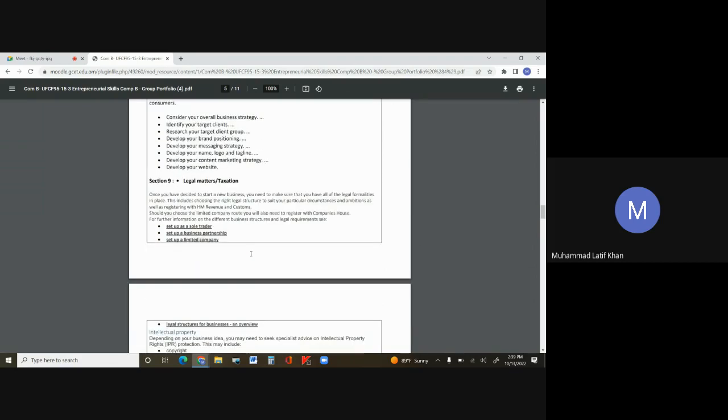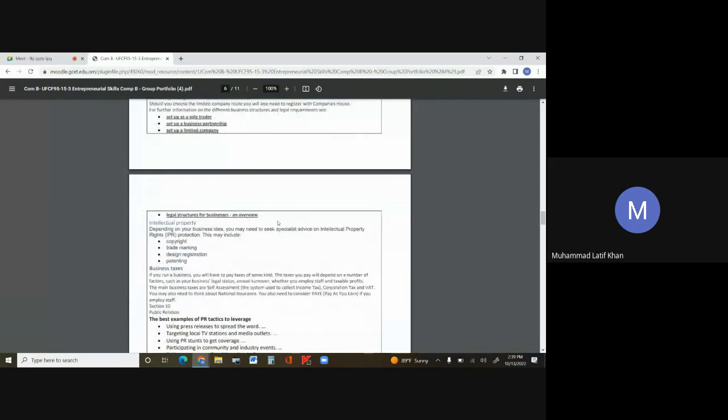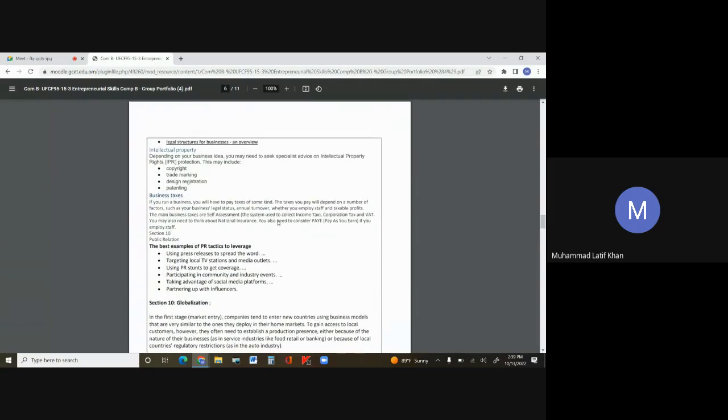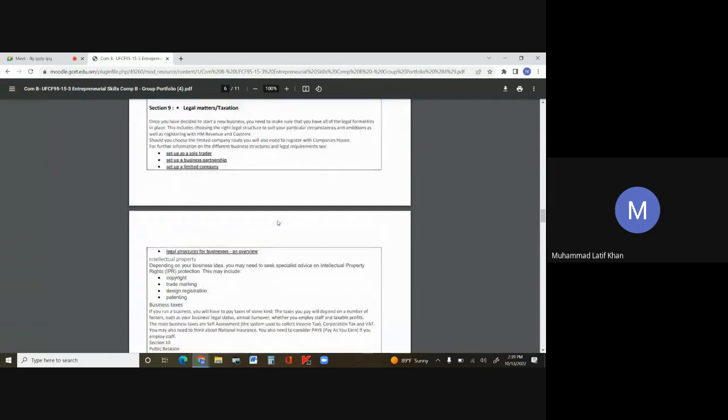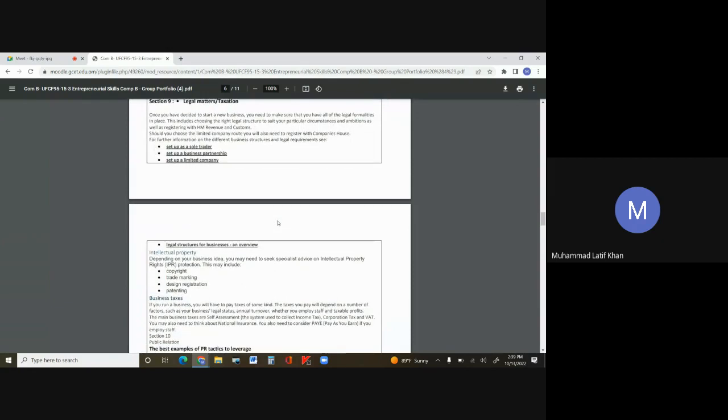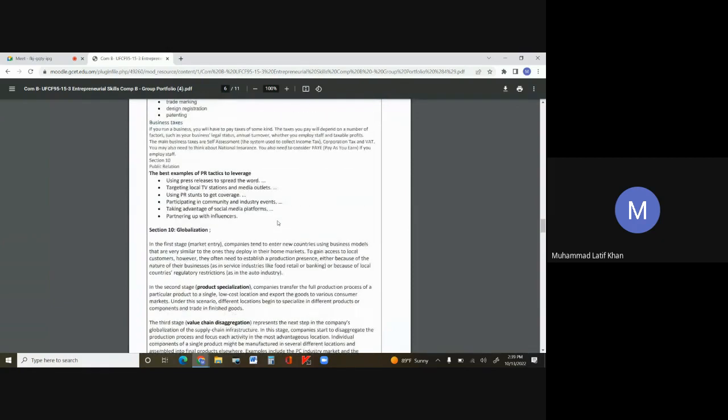Legal matters can be how you're going to pay your tax, how you are going to secure your trademark, and how you are going to register your employees' visas.